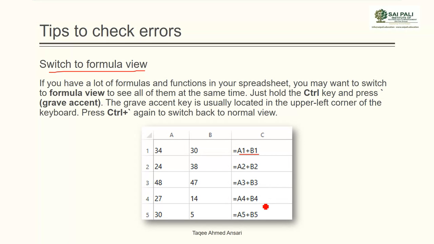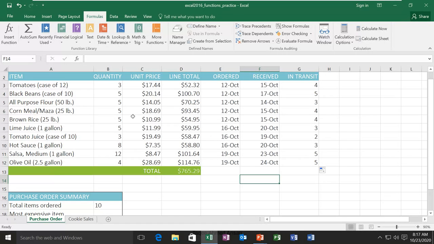How can you go to the formula view? Hold the Control key and press this grave accent key. The combination of Control plus this key will switch to formula view, and then you will see all the formulas in the cells where you have used them. When you want to go back, press the same key combination again, and it will go back to normal view. So if you see here, we are not able to guess where the formulas are, so I will change the view here.